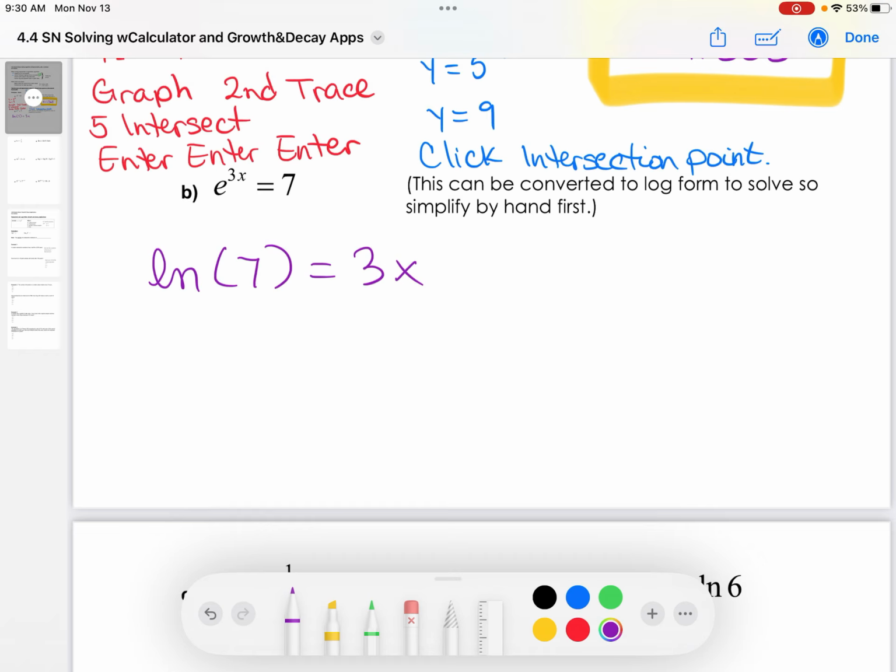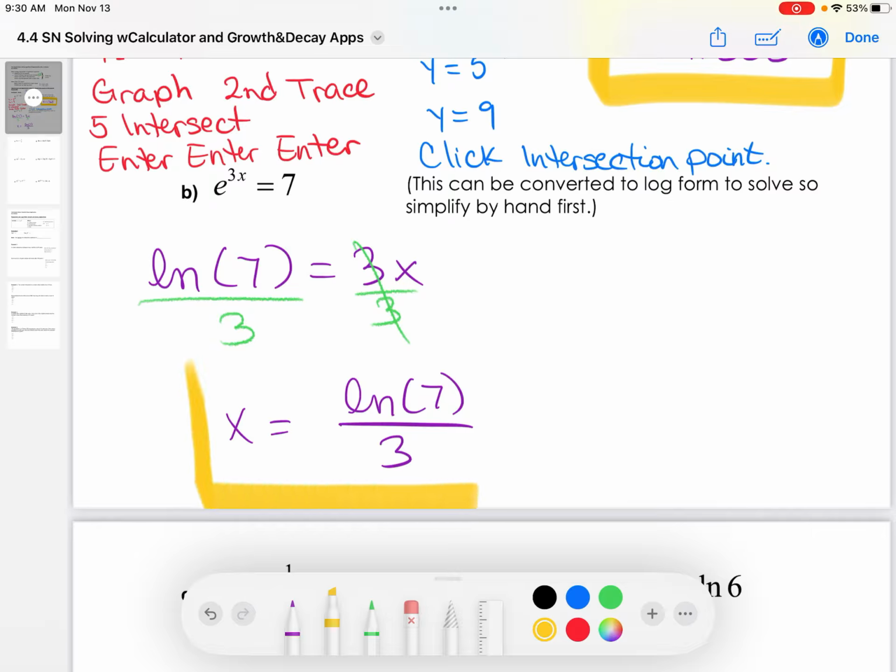That got the x out of the exponent. And now all we need to do here is divide off the 3. And x equals natural log of 7 all divided by 3. This is your exact answer.